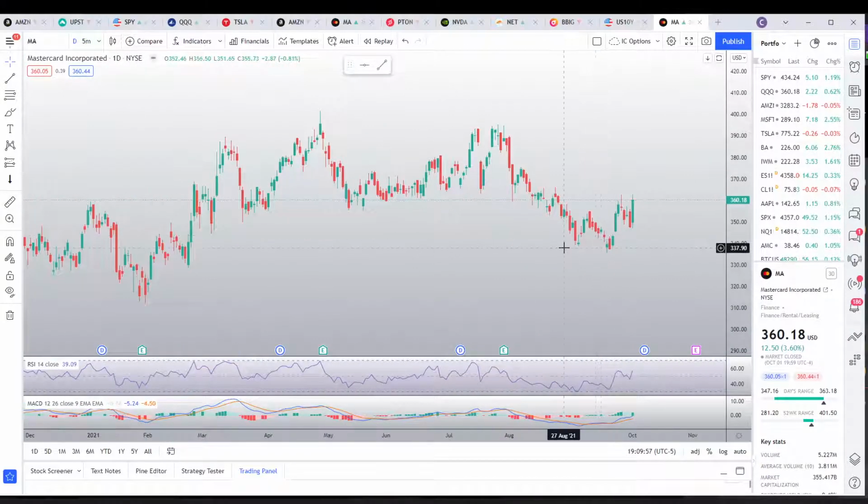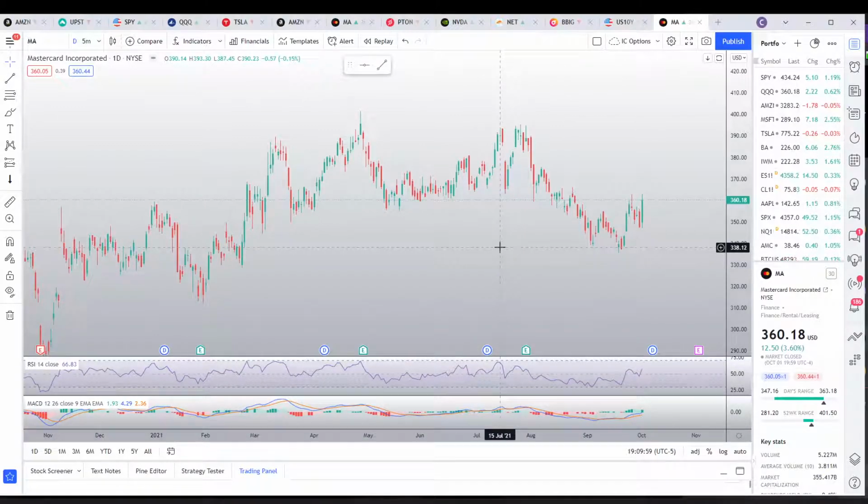Okay, so the first thing, I just open this chart up, look at it naked and see what's going on here. I do add my RSI here at the bottom, and this is your MACD. These are really important indicators. RSI will show you if it's overbought or oversold.